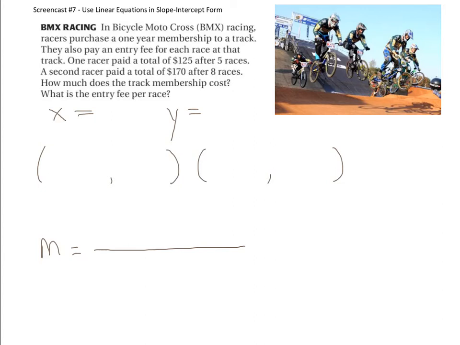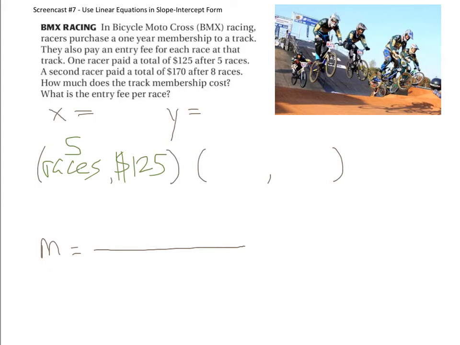Well, if we look at it this way, this sentence, one racer paid a total of $125 after 5 races, that means if I'm a racer and I want to do 5 races, in other words, I input 5 races, I'm going to be charged $125. So 5 races is the input into this linear equation, and it will output $125 is what I'm going to be charged. The linear equation will do the math on the 5 races and say, oh, well, you owe us $125 because keep in mind that also includes the membership, which we'll calculate shortly.